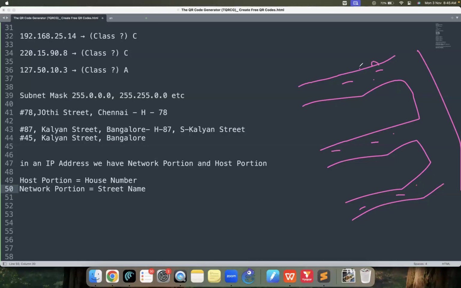And I have multiple PCs in each LAN. All these PCs will have the same street name, or same network portion. What they will not have in common is the house number. They will not have the same house number.